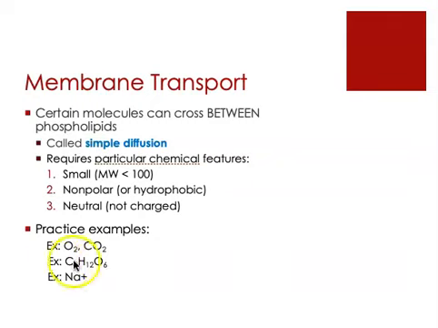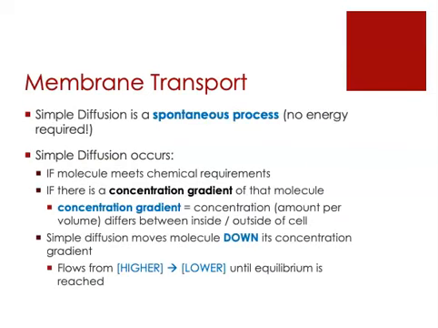So this molecule is just too big to use simple diffusion. And lastly, for an example, we see a sodium ion. That's Na, that's the symbol for sodium, with a positive charge. Any molecule that has a charge on it cannot use simple diffusion.